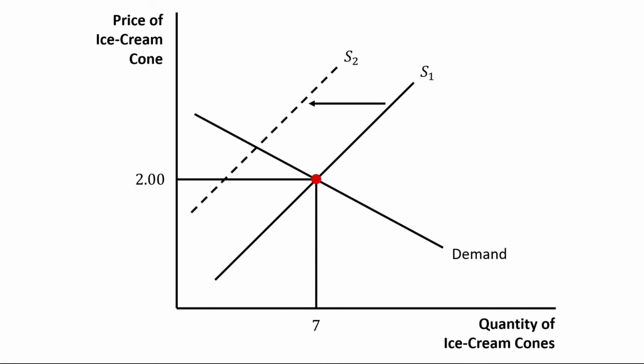Notice that at the initial equilibrium price, this portion denotes shortage or excess demand. In the situation of excess demand, sellers have an incentive to raise their prices without losing sales.